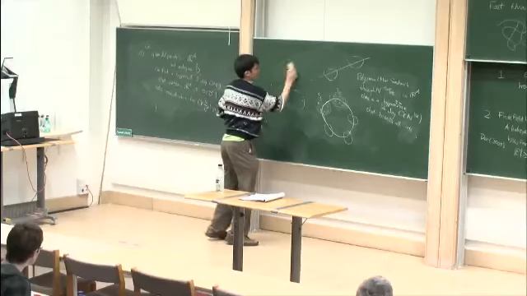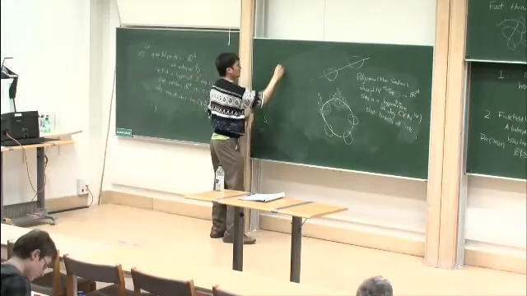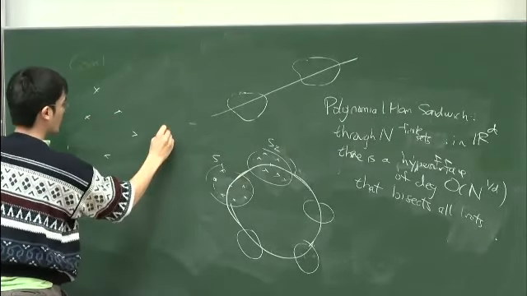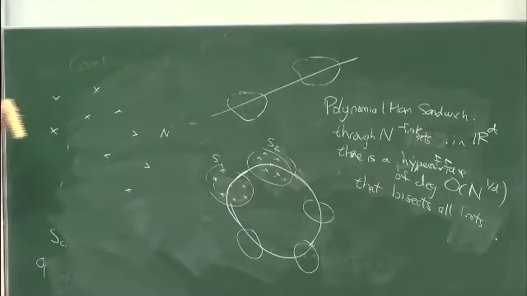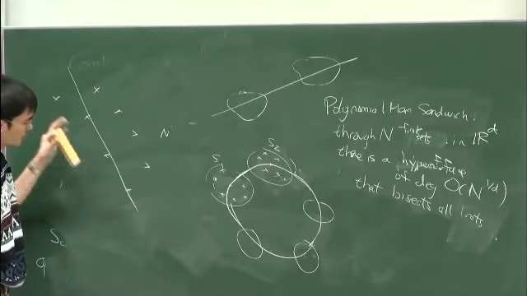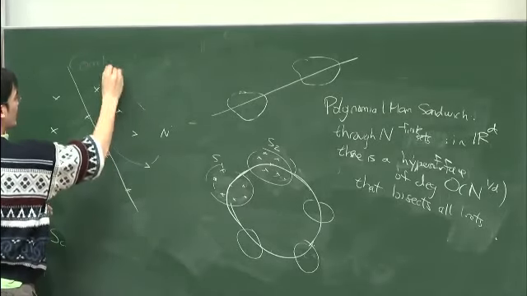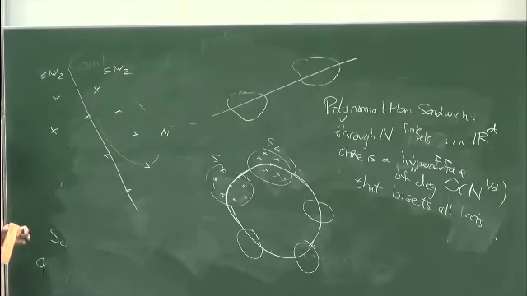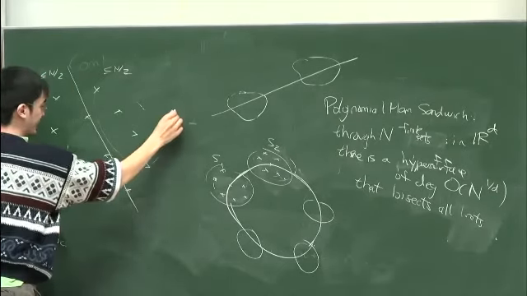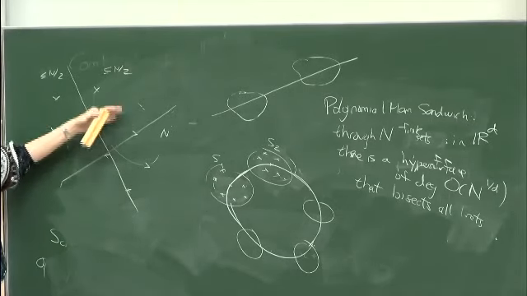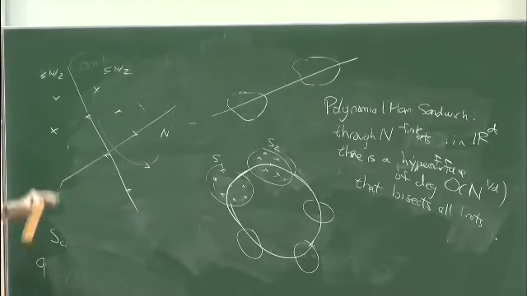I'll just draw a picture to illustrate what's going on. If I have n points, it's very easy to find a line through these n points which will contain some of them, but on one side there'll be at most n over 2 points and at most n over 2 points on the other side. I can find a line that bisects. Once I do that, I can even find a second line, from the linear Ham-Sandwich theorem, that bisects those two cells that are created.